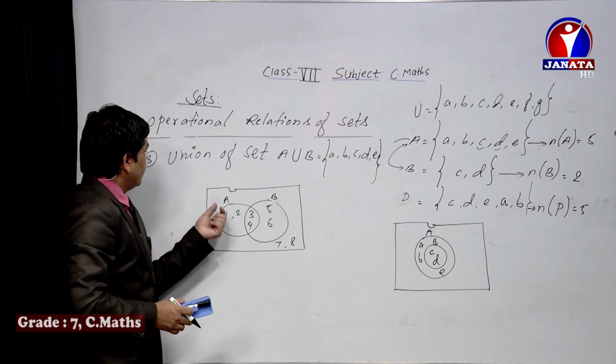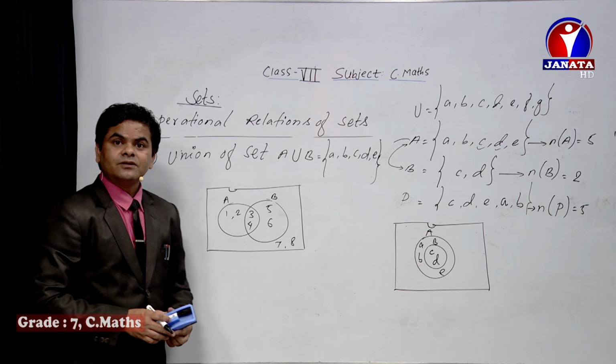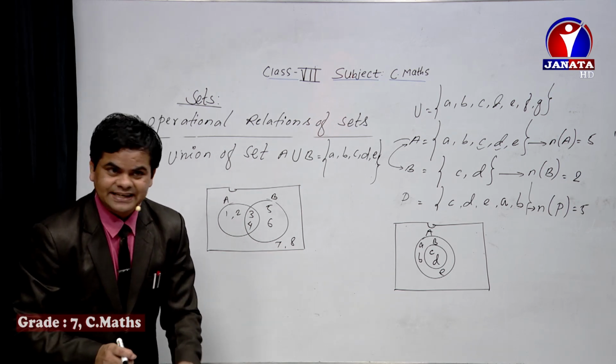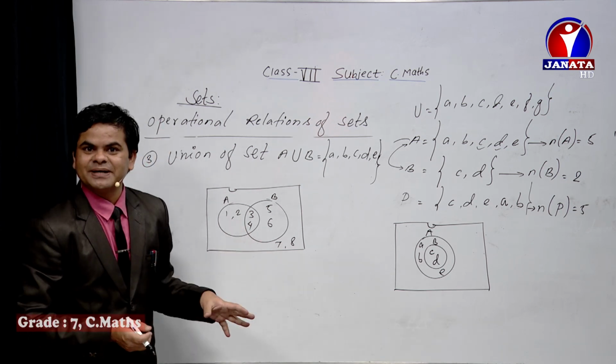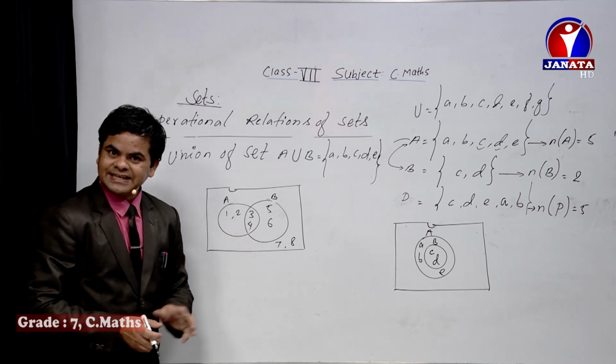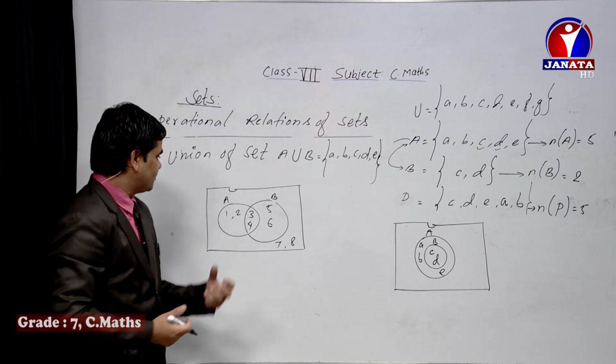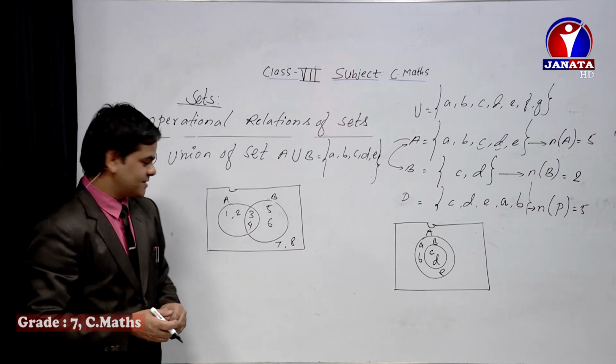relations. Okay, union of sets. If you want to see those elements which are contained in set A and set B, but dear friends, without repeating, these two elements are repeating, isn't it? They belong to set A as well as set B, but we are not allowed to repeat.